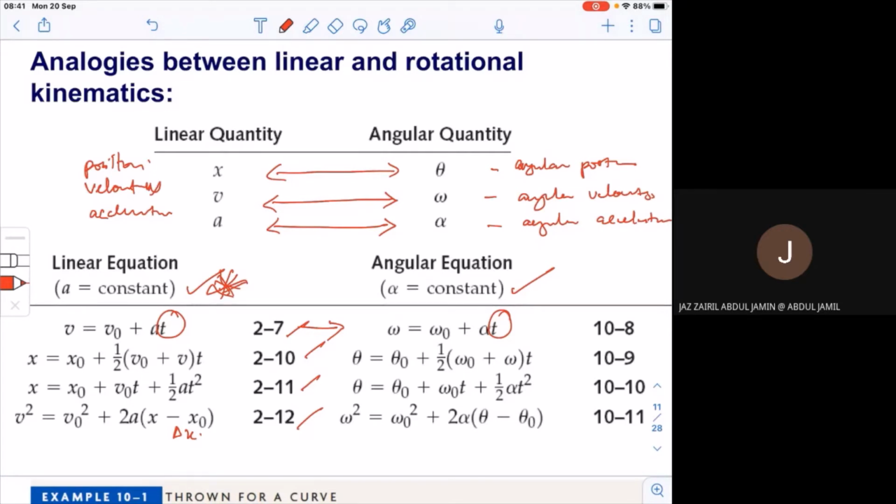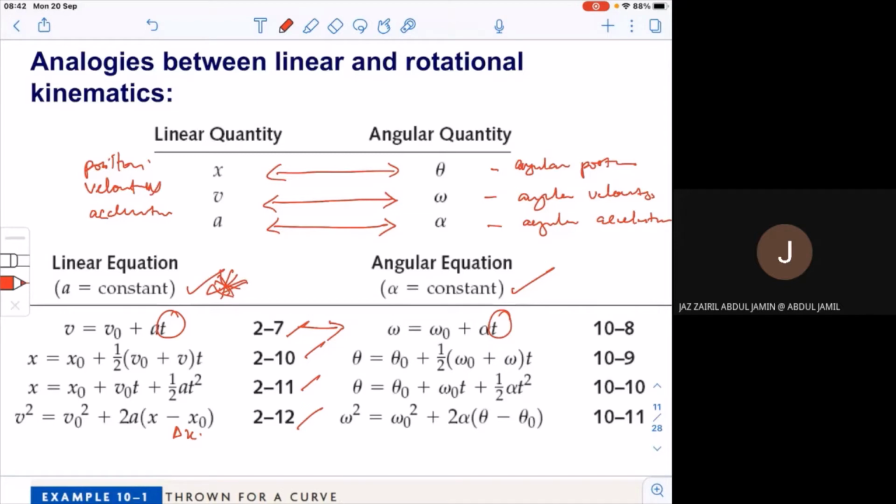Every possible term: x becomes theta, v becomes omega, a becomes alpha. So now you may see that this is where you can play around with angular kinematics. Right now you have studied angular quantities, so you can write down some angular equations.